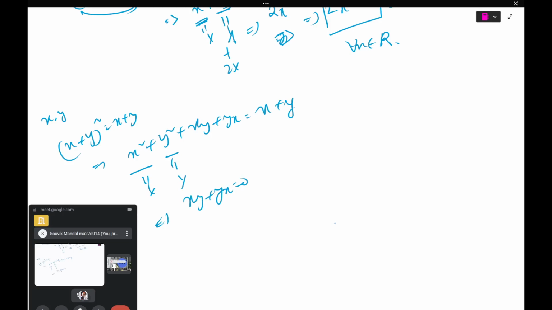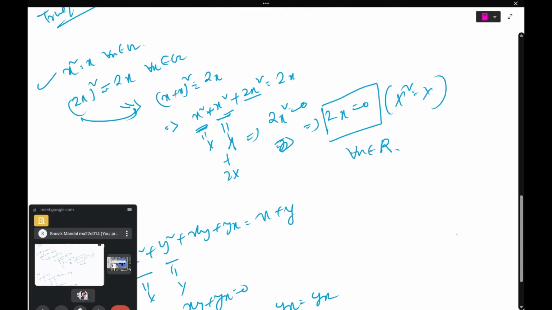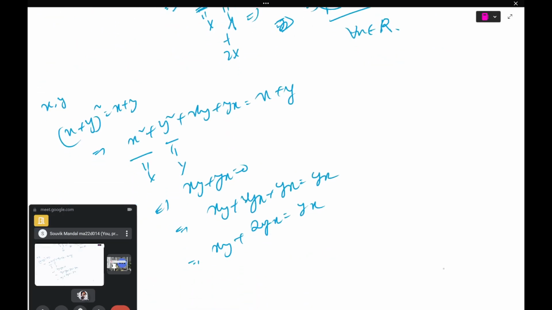Adding yx on both sides, this implies xy plus 2yx equal to yx. Now, from just now we got that 2x is 0, so this whole thing is 0. So this implies xy equal to yx. So that's why a Boolean ring is commutative.